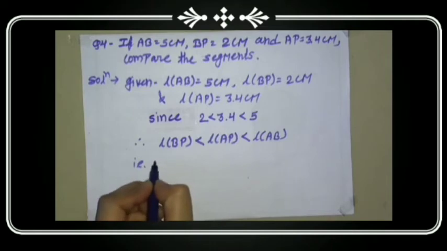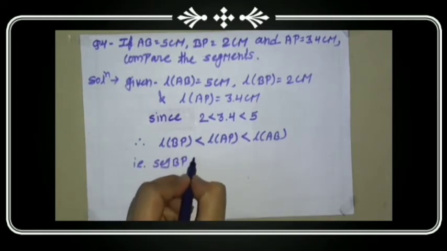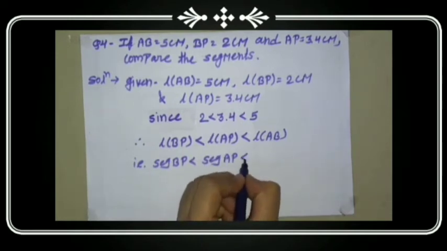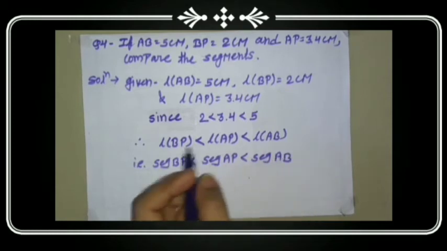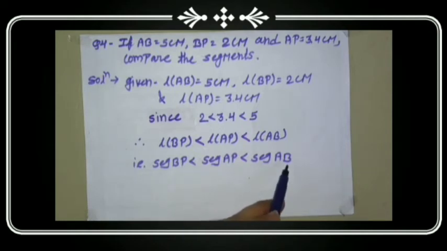That is segment BP, segment AP and segment AB. Therefore, segment AP is greater than segment BP and less than segment AB.